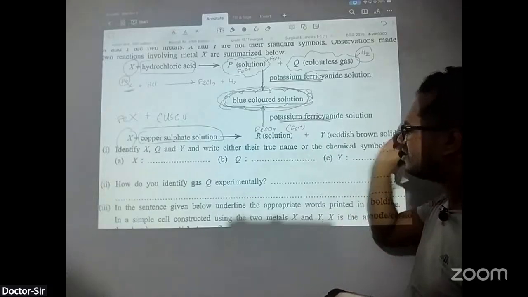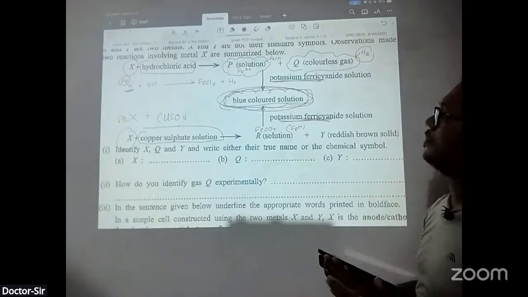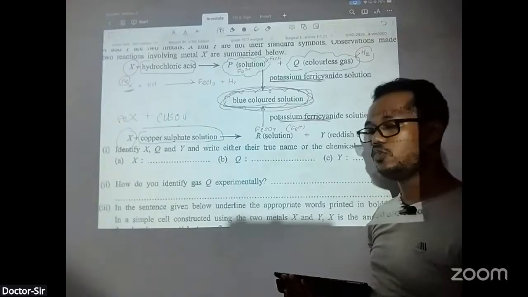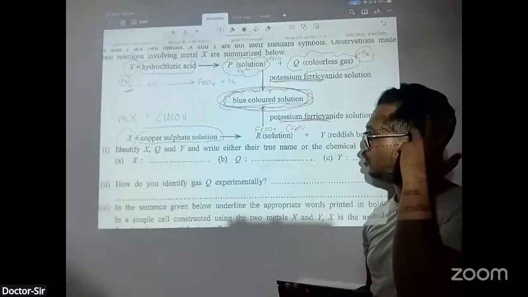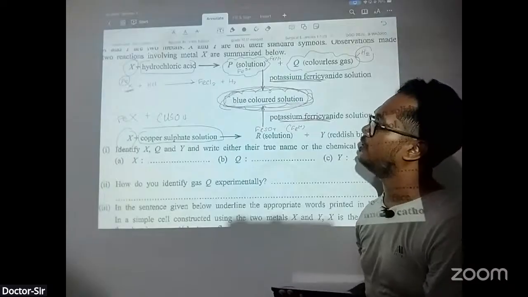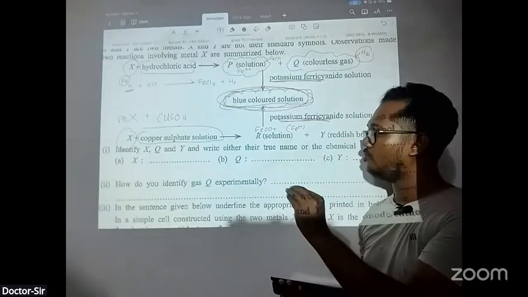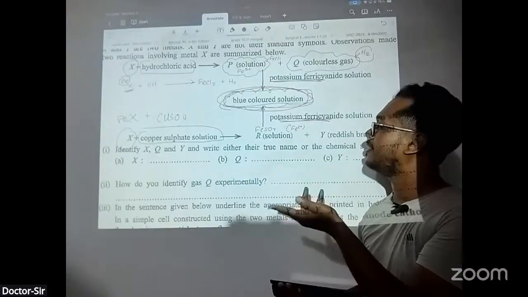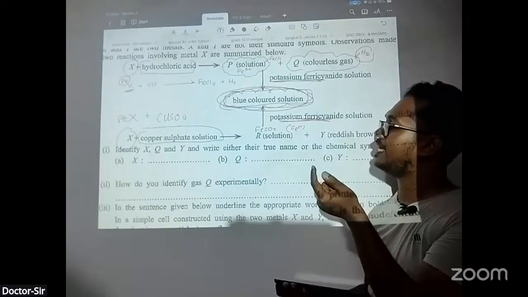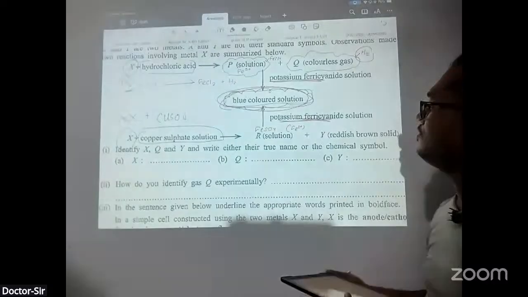So this theory point you should understand and memorize. Otherwise, there is no shortcut way to put these things into your brain. The definite thing is ferrous forms Fe2 plus, and with the potassium ferricyanide it forms the blue color solution.